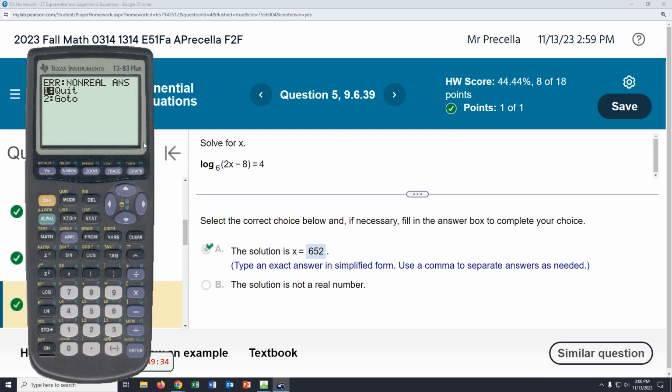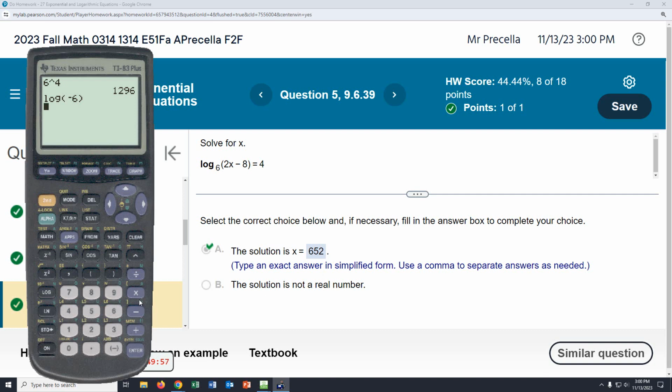I showed them that right before when we were getting started with the exponential equations. You can't have a negative number argument with a logarithm. So for this one, if you put 652 in for x, 2 times 652 minus 8, up here I knew that's not negative, okay?